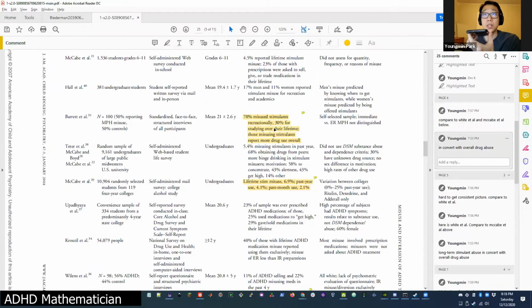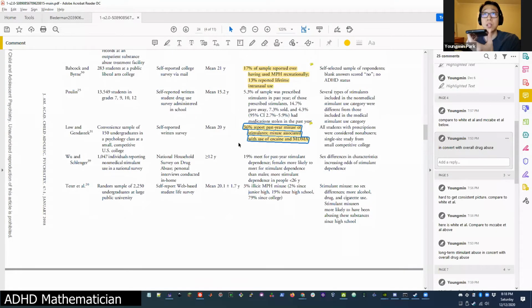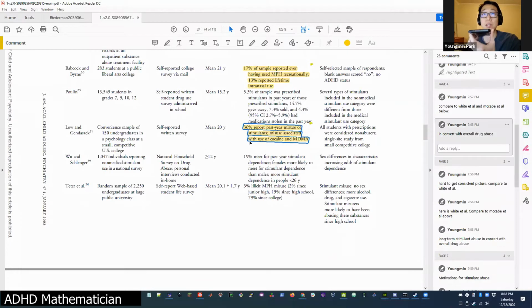the other interesting thing I found is that in a lot of cases, when stimulant misuse is reported, it often happens to be comorbid with other types of substance abuse.